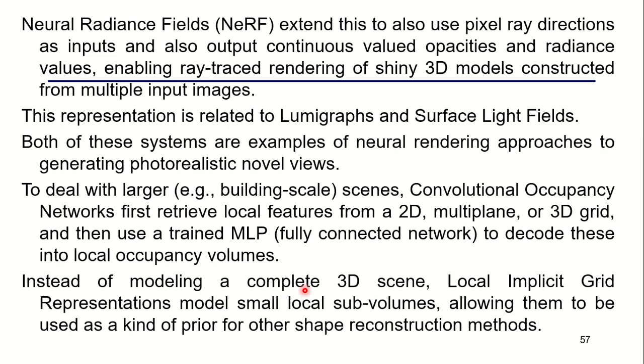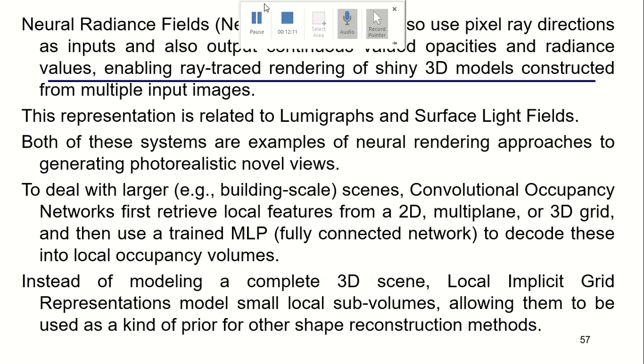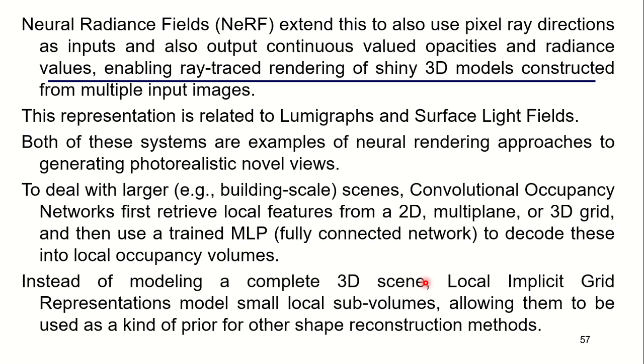Instead of modeling a complete 3D scene, local implicit grid representations model small local subvolumes, allowing them to be used as a kind of prior for other shape reconstruction methods.